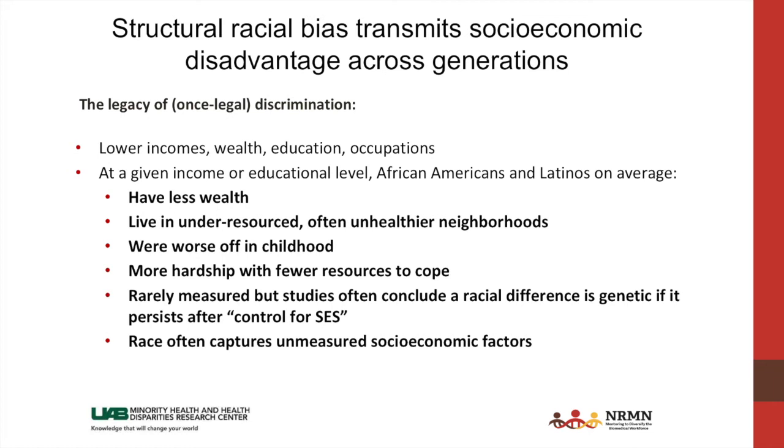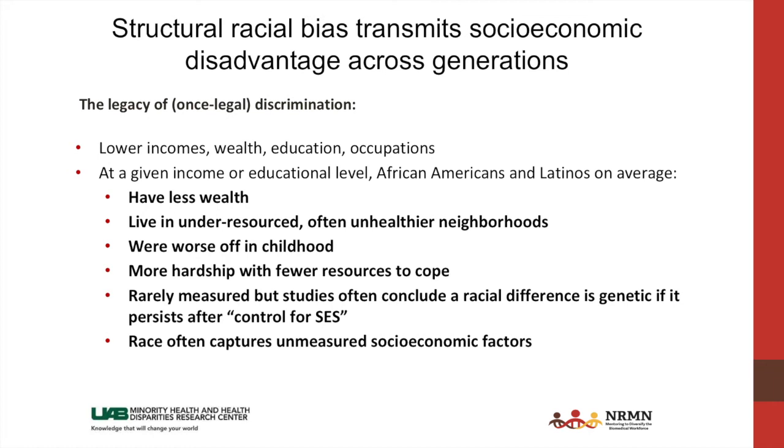So lower income, wealth, education, and occupation. And at a given income or education level, African Americans and Latinos on average have less wealth and live in under-resourced, often unhealthier neighborhoods. They are worse off in childhood, as we mentioned, and this can translate into adult life.